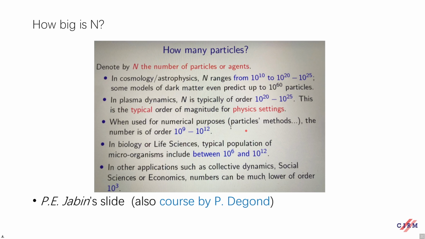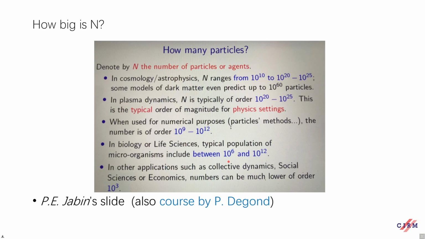And the particle method, this Newton equation particle method, is also a numerical method that people use a lot to simulate mean field equations, like the Boltzmann equation, Vlasov equation, and so on. And there, nowadays, people can do particles with like 10 to the 9 to 10 to the 12 particles. Also, this particle system arises in biology. In the last 2 decades, a lot of so-called agent-based models simulate microorganisms or biological systems or life science using particle systems.